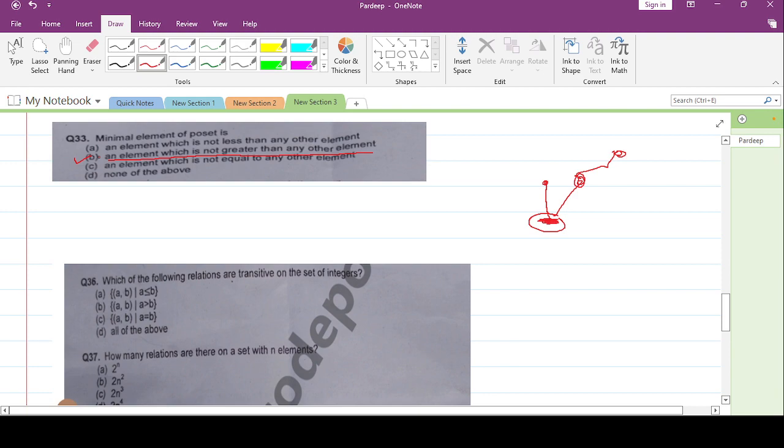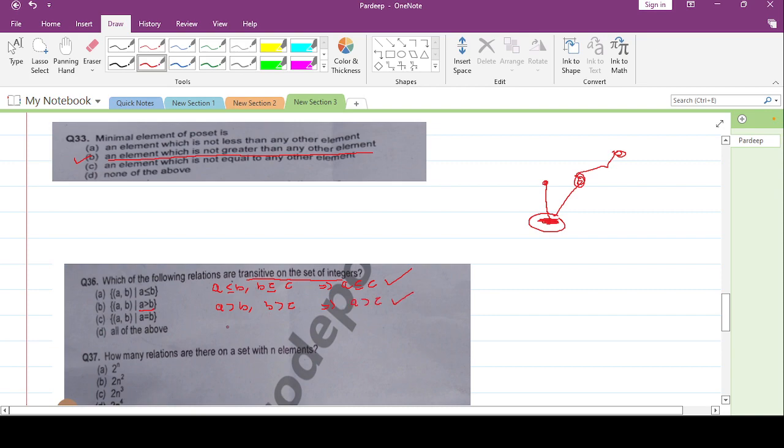Now next, we want to check which of the following is the transitive relation. If I take A less than or equal to B and B less than or equal to C, then ultimately I can say that A is less than or equal to C. So the relation is transitive. If I take A greater than B and B greater than C, it implies A is greater than C. This is also transitive.